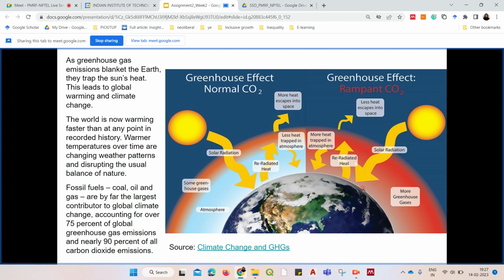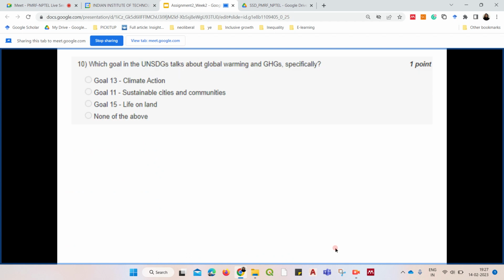So less heat is escaping back, and the Earth's atmosphere is getting heated, and because of that, global warming is occurring and our climate is changing. So if you think rationally also, climate action is largely related to global warming and GHGs.